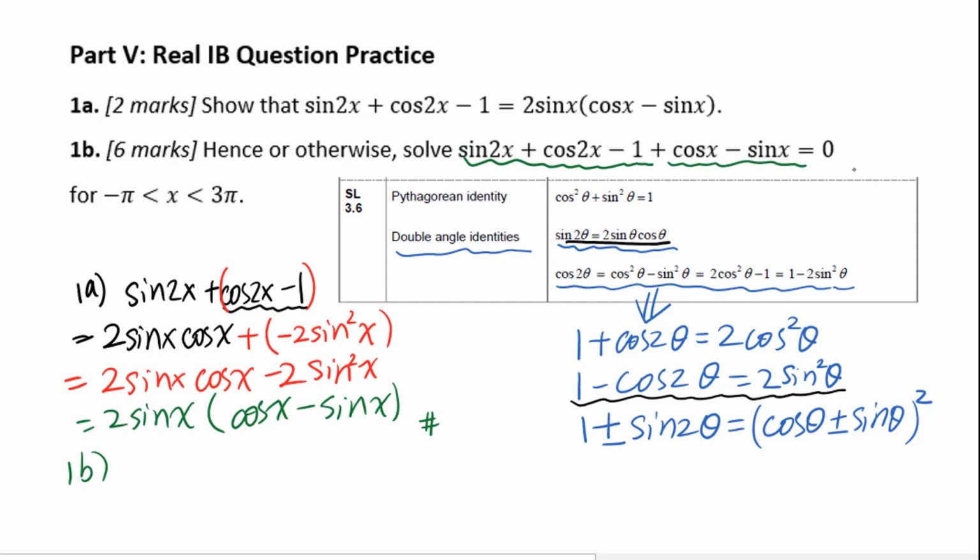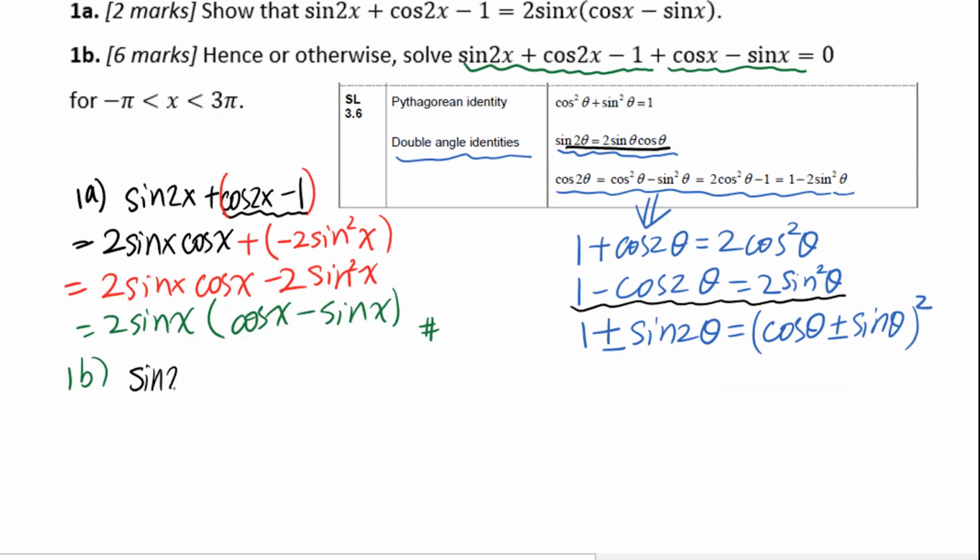for x greater than negative pi, less than 3 pi. So we have sin 2x plus cosine 2x minus 1 plus cosine x minus sin x equals 0.